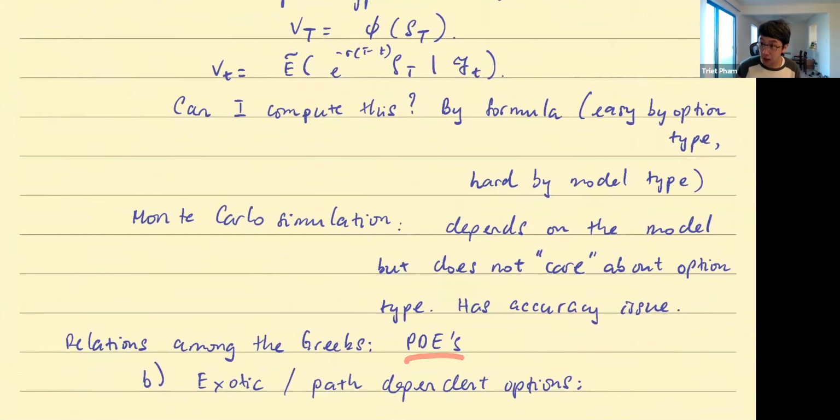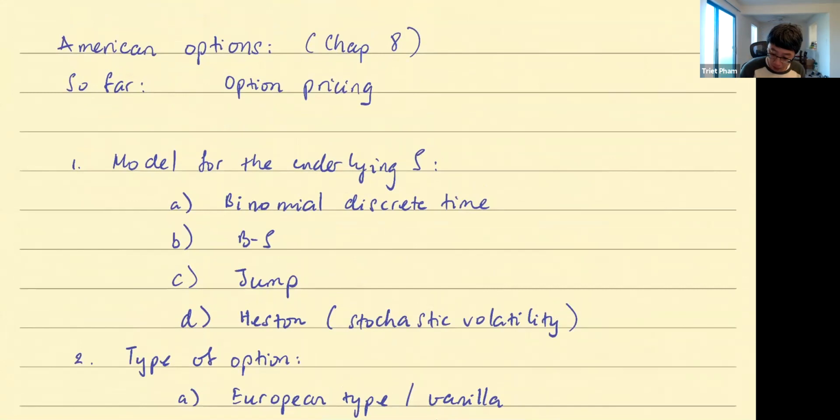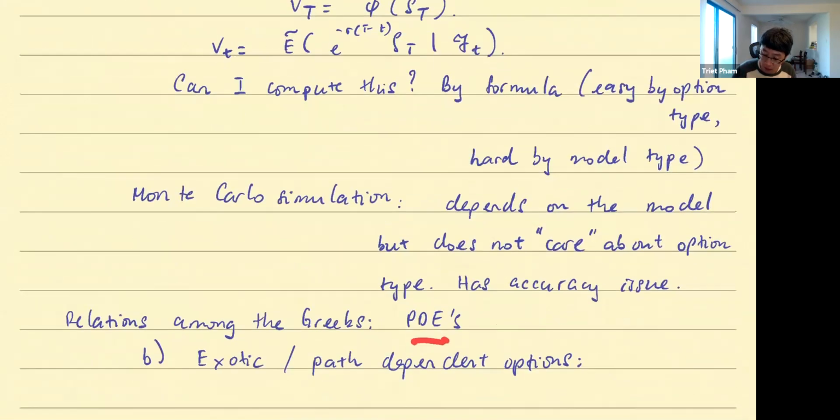So this PDE is influenced by what model you use. If you use a jump model, like in the midterm, then you pick up extra terms that do not appear in Black-Scholes. And if you use a Heston model, for example, then again your PDE will look different. So this also depends on the model.